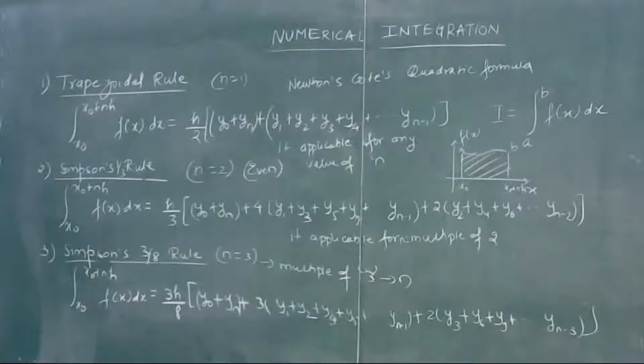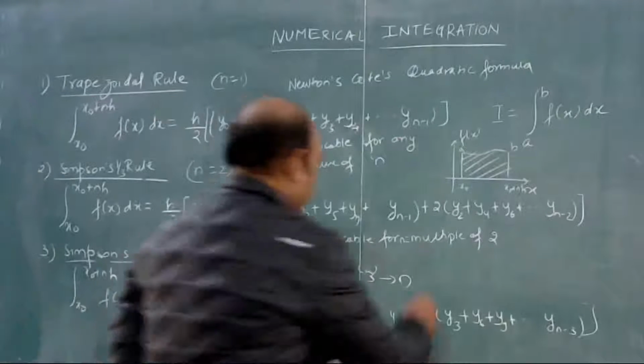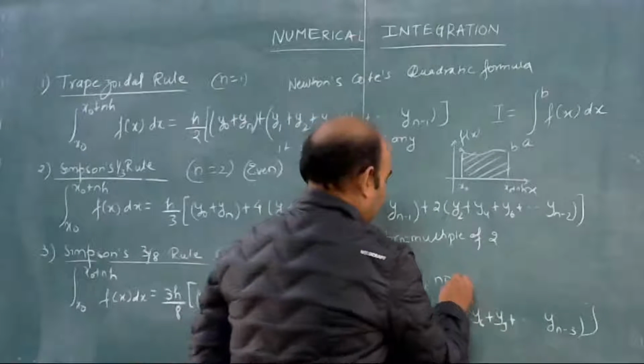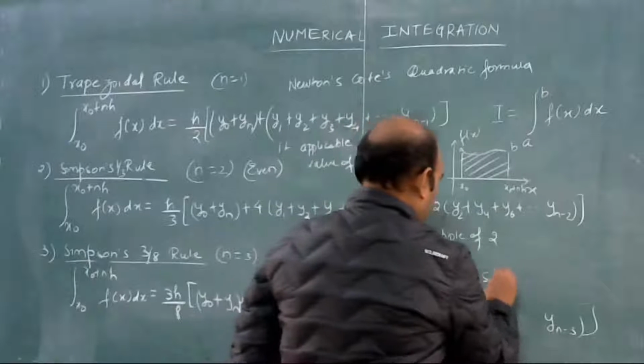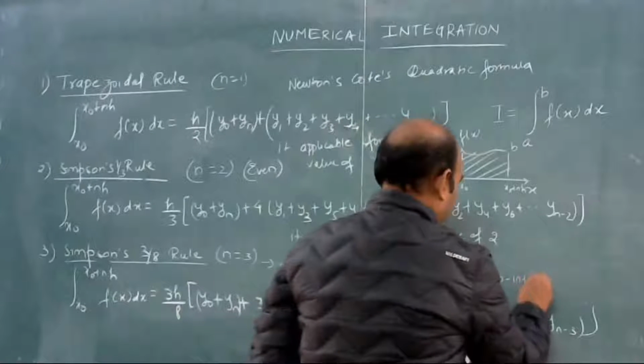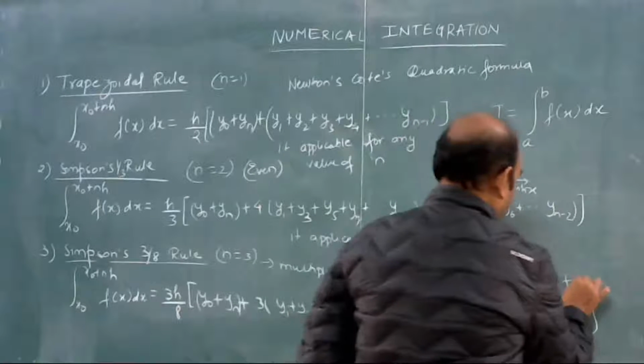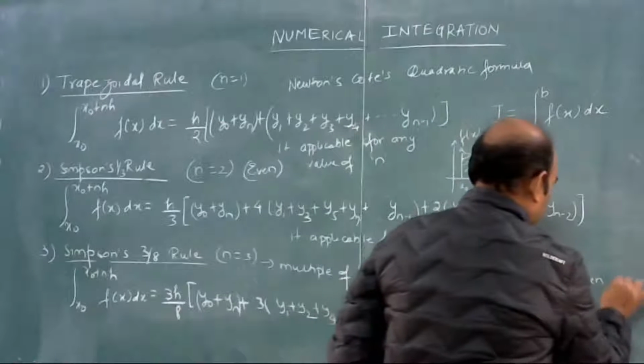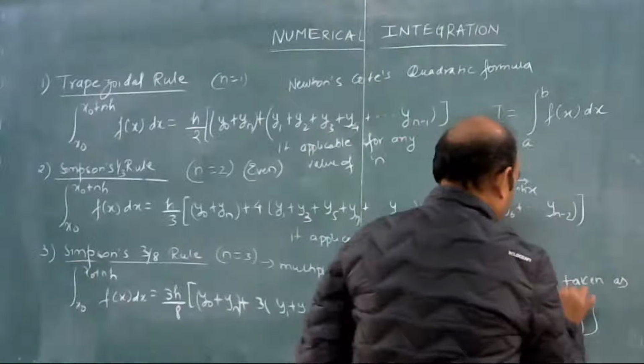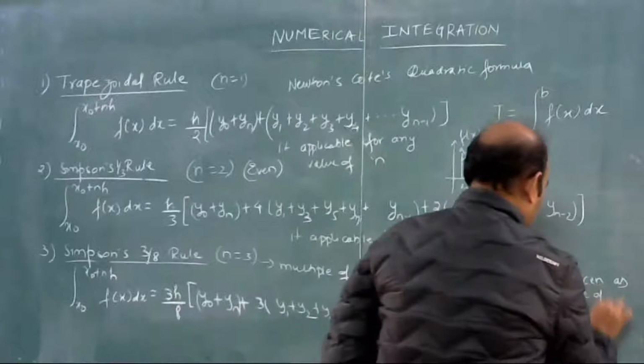So the number of sub-intervals should be taken as a multiple of 3.